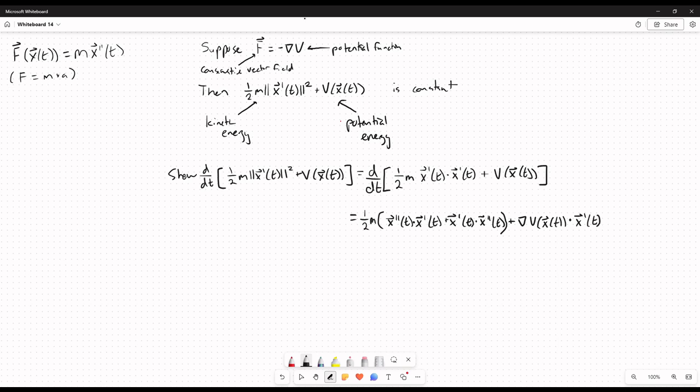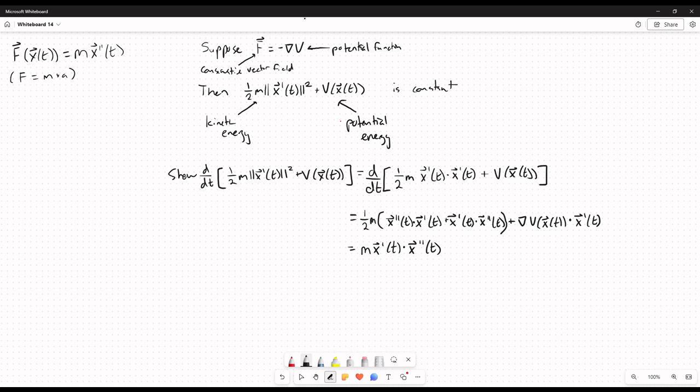Let's clean this up a little bit. Actually, that 1/2 is going to go away because I see that this is pretty much 2 times x prime times x double prime. So that's going to cancel out the 1/2. So we're going to be left with m times x prime of t dotted with x double prime of t.